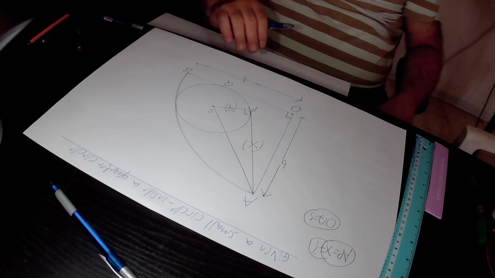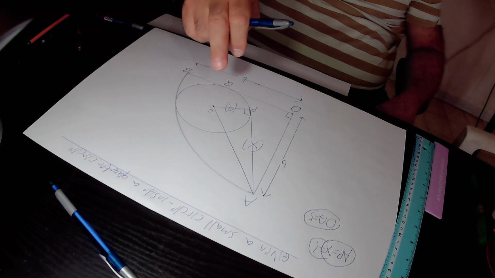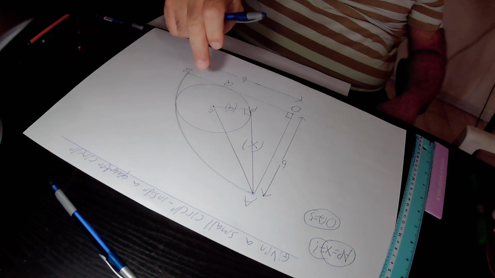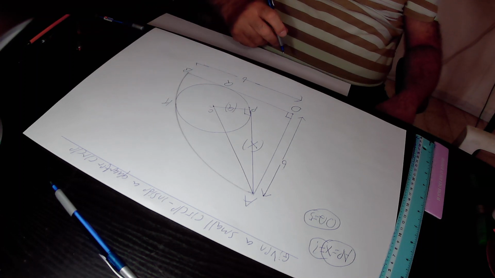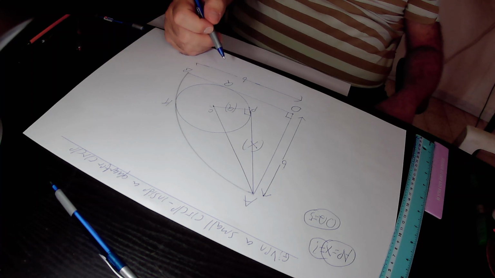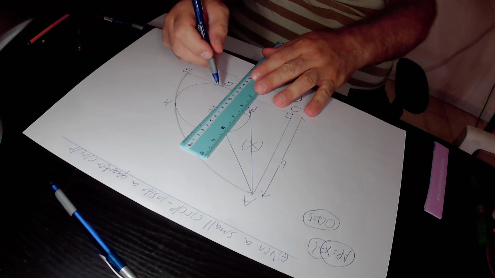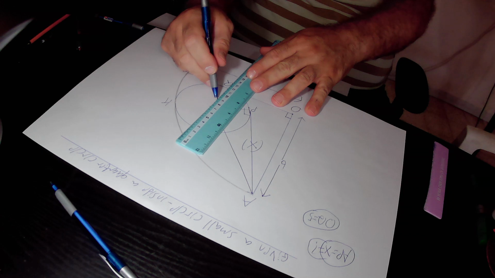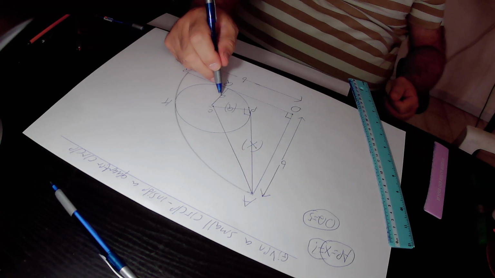So we define the touching point of the small circle with this quarter circle. This point is point Q. We join points C and Q together by a straight line. CQ is the radius of this small circle, that is equal to a.